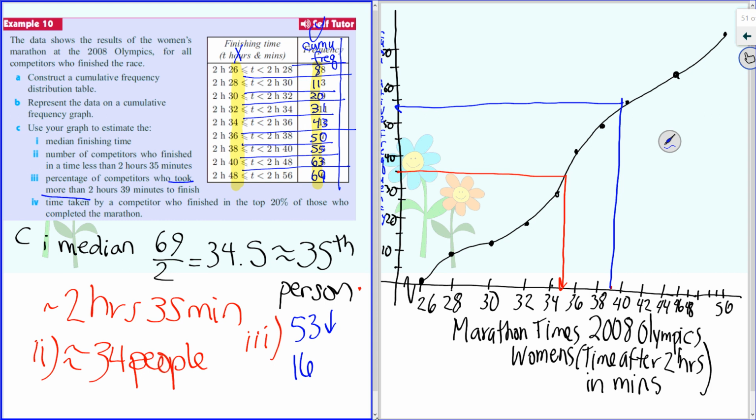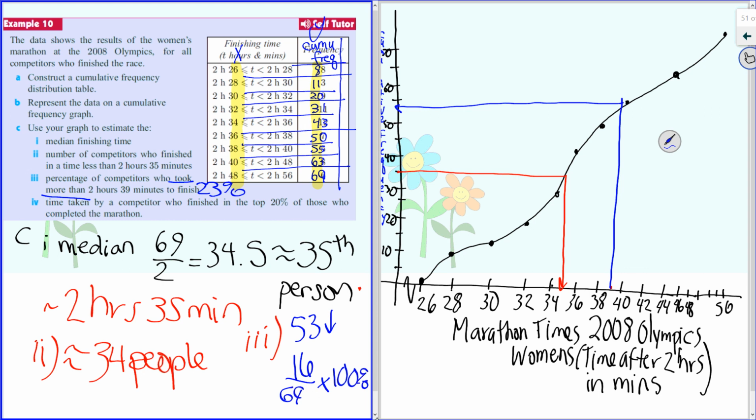So we do 16 over 69 times 100. The only reason I went with 53 is because it was the more popular answer. If you want to go with yours, go with yours. And again, if you use graph paper, the answer will be more accurate. What did we get, 16 over 69 times 100? 23%.